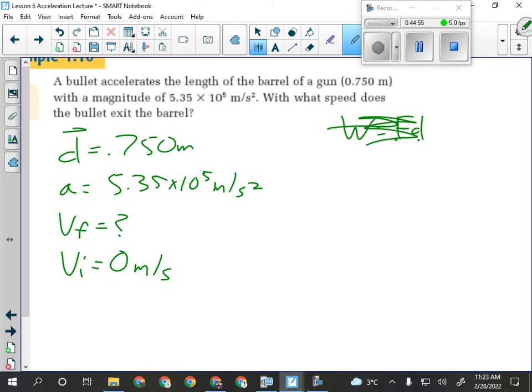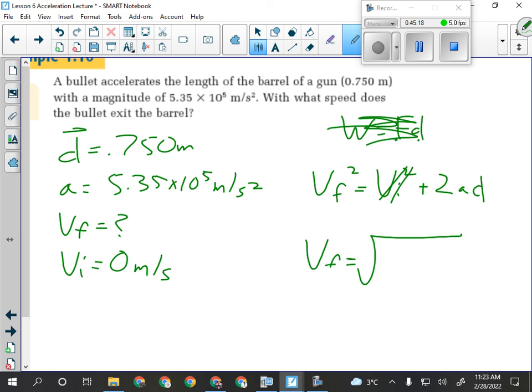That means that we're going to be using our last formula. VF squared equals VI squared plus 2AD. Now, luckily for us, this formula is going to be really easy because VI is 0, so VI squared is also 0. So all I have to do is plug in my numbers. So VF will be the square root of 2 times 5.35 times 10 to the 5 times 0.750 meters.